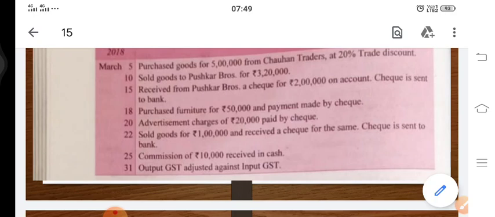So purchase of furniture cannot be considered as a basic necessity. So here, since we have purchased furniture, furniture has to be debited, but along with input CGST and input SGST. Let's check the point.